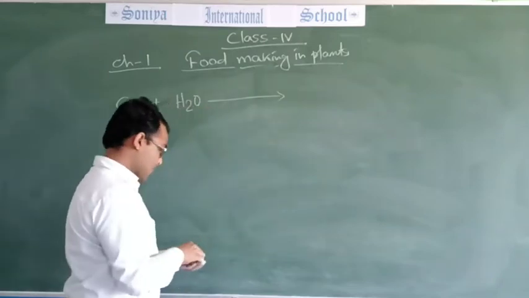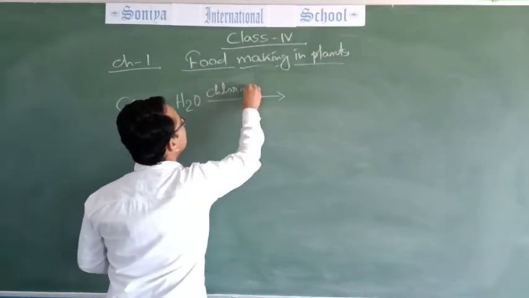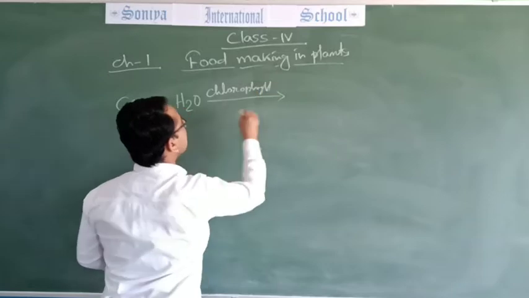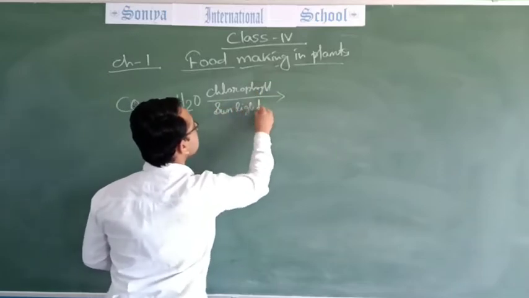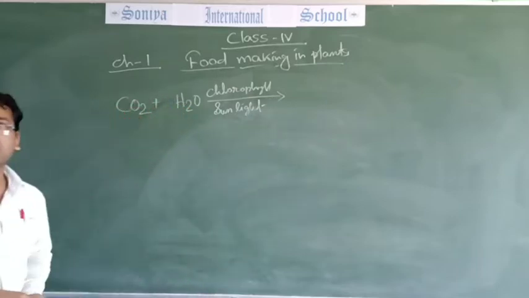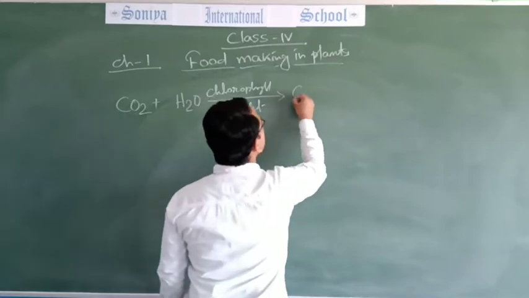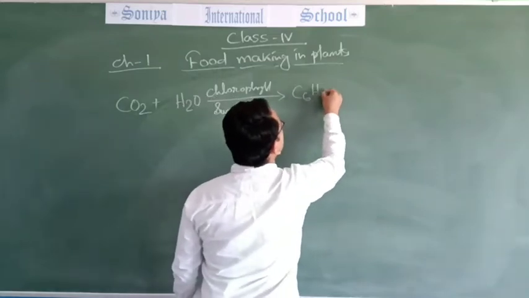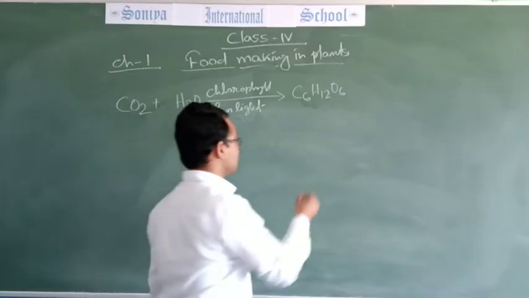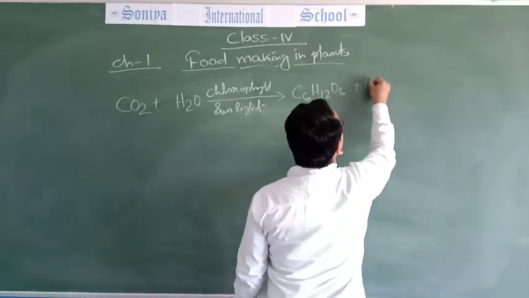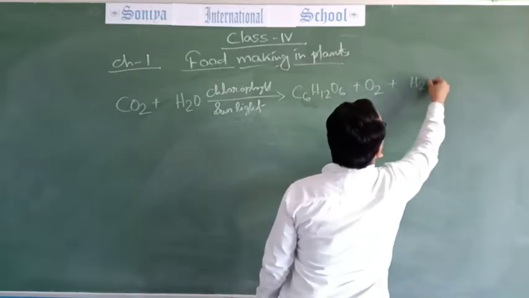In the presence of chlorophyll and sunlight, what is formed? Glucose. Glucose means C6H12O6, and oxygen and water vapor.